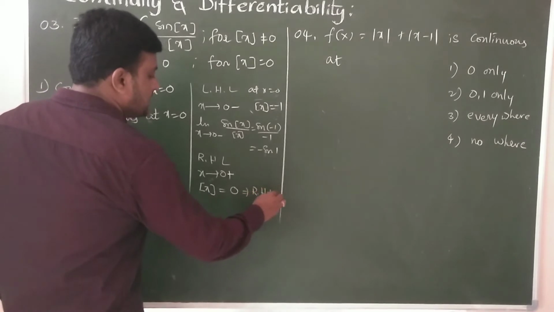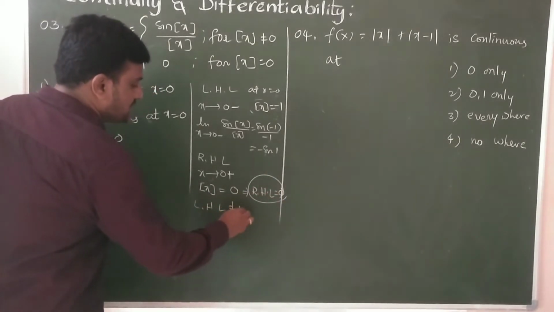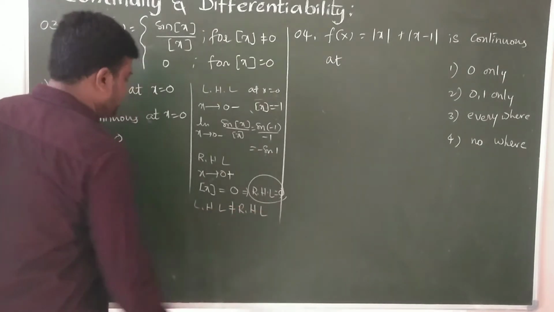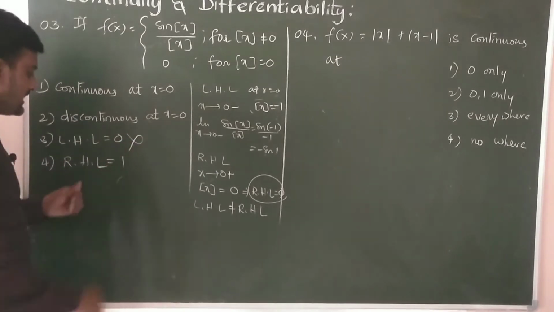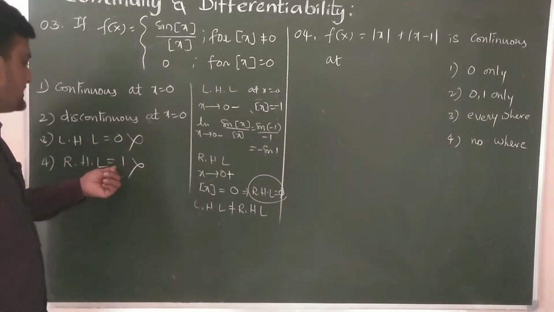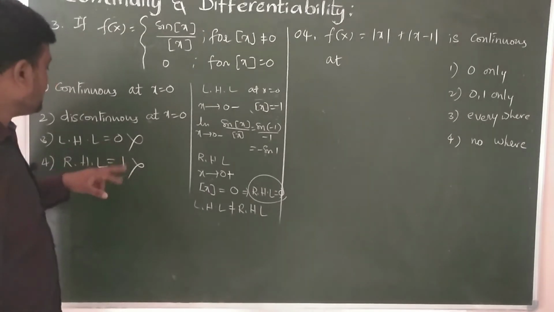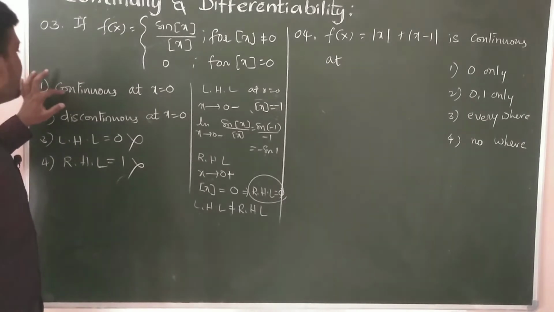Then RHL equals 0. So LHL is not equal to RHL. Actually LHL is not 0 and RHL is not 1; these are not the correct options. And also they are not equal to each other, so the function is not continuous.